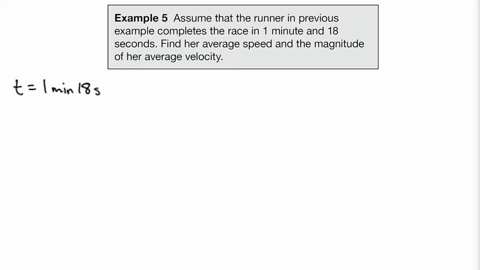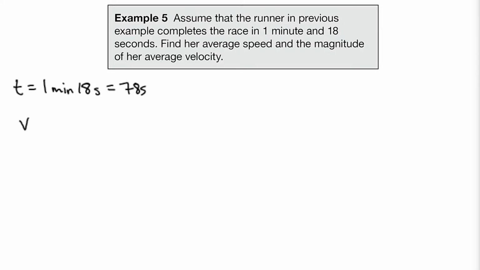For any computation question, for the multiple choice section, take a look at the answer choices to get some insights in terms of what units do I need, right? Is it meters per second, meters per minute, centimeters per second, right? It'll let you know if you need to convert, and if so, to what. So here, let's stick to SI units. So we've got 1 minute, which is 60 seconds, and then 18 more to get us 78 seconds.